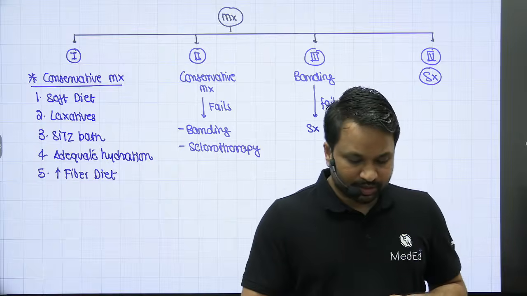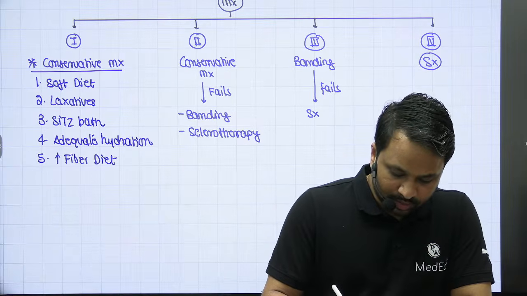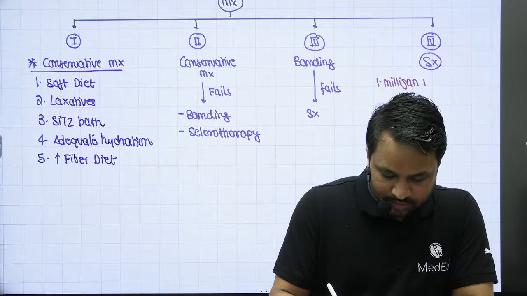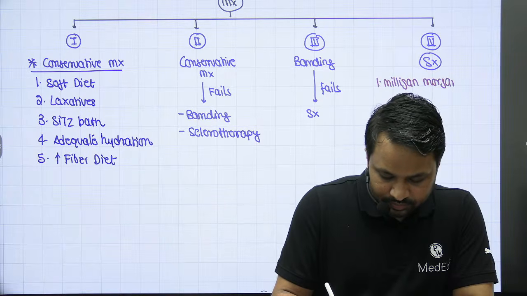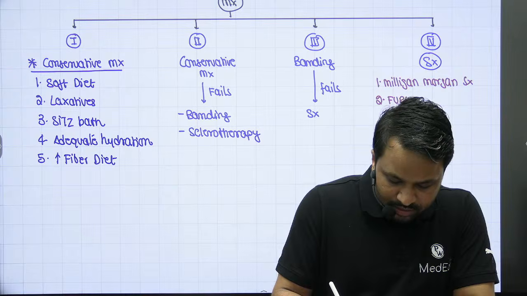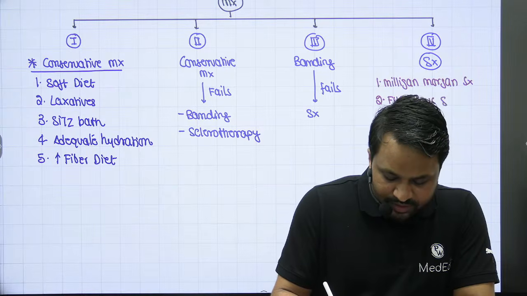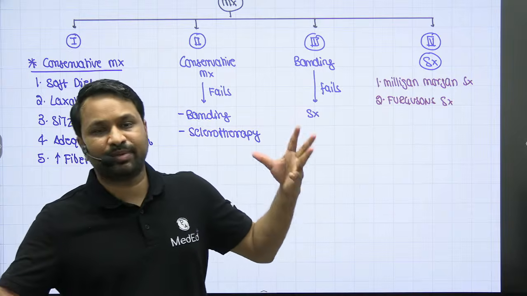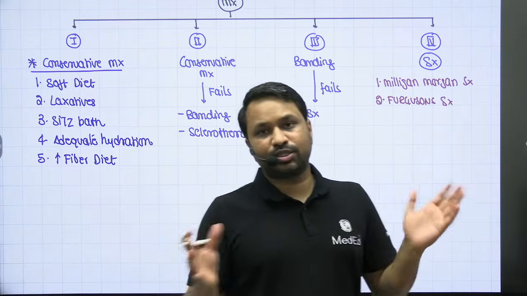When you talk about the surgery, what are the surgeries that you have? Number 1, you can have the Milligan-Morgan surgery. Then you have the Ferguson's surgery. The difference is in Milligan-Morgan, you excise the hemorrhoid and leave the mucosal segment open, whereas in Ferguson's, you suture it back.